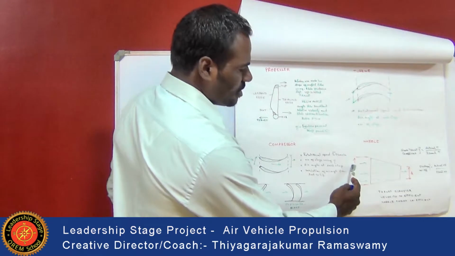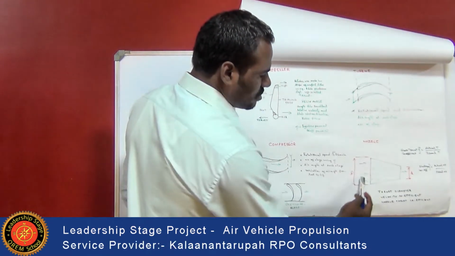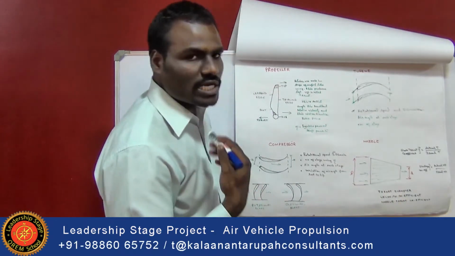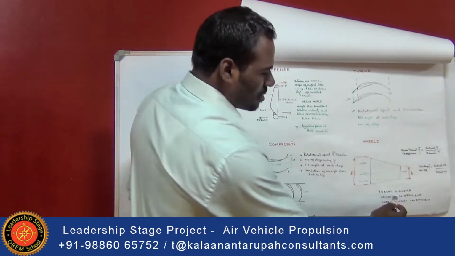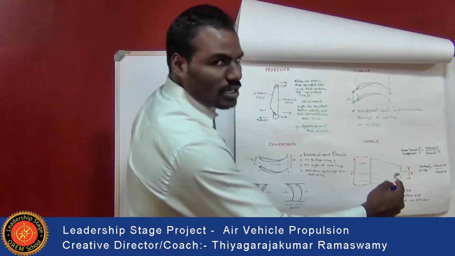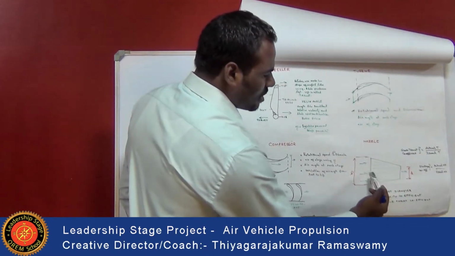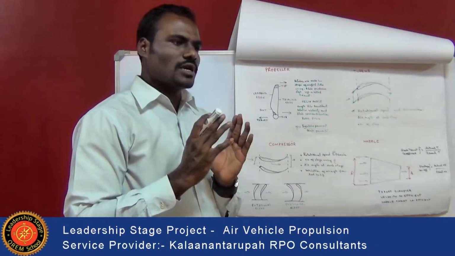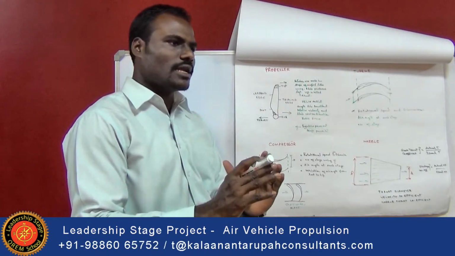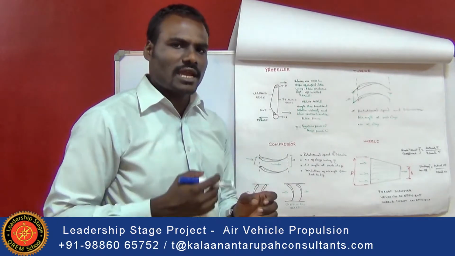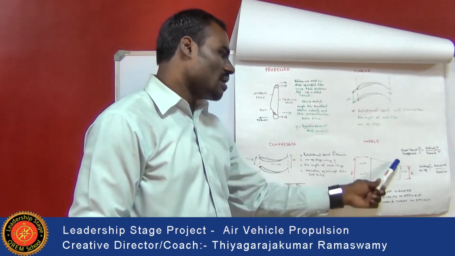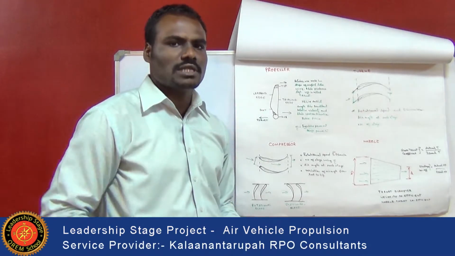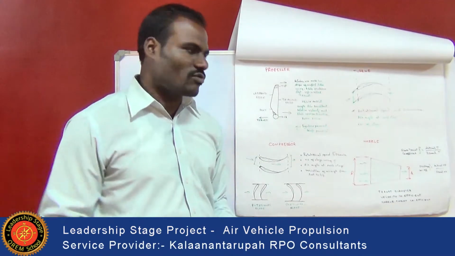The exhaust gases from the turbine enter into the nozzle, where the volume is at a higher level, so that when it moves to a smaller diameter at the exit of the nozzle, the volume is reduced. When the volume decreases from a major to a minor area, the gas is subjected to a very high velocity. So this is the area where we get the maximum thrust, which will propel the propulsion system or aircraft in a forward direction.